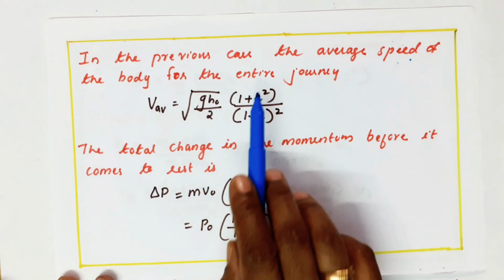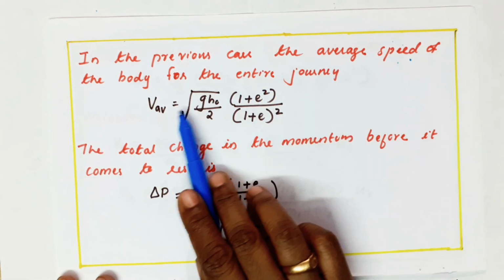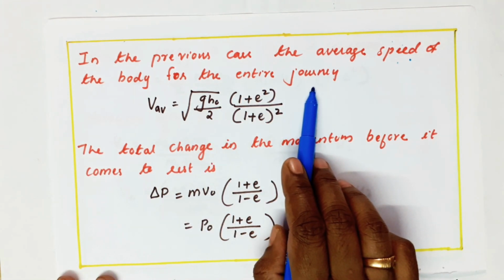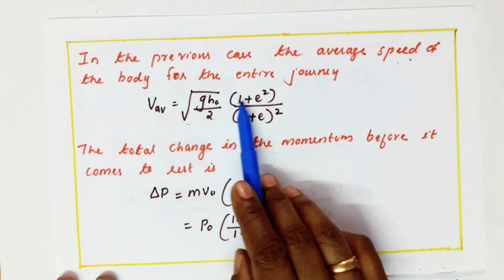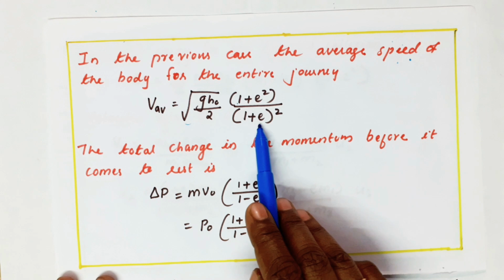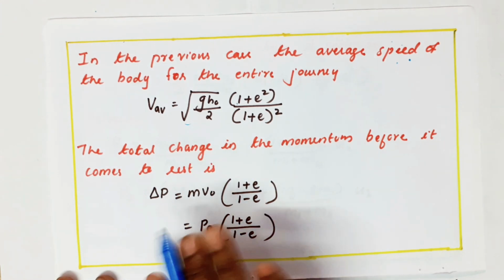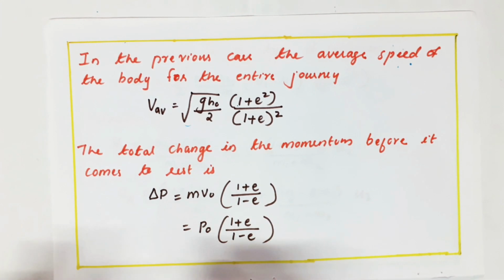The same question they can ask: what is the average speed of the body for the entire journey? Root over g h naught by 2 into 1 plus e square by 1 minus e the whole square. As I'm doing shortcuts, I'm not giving the derivations of these. If you just continue the same process, we get all this.